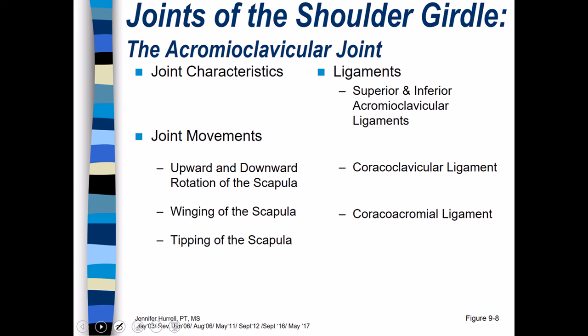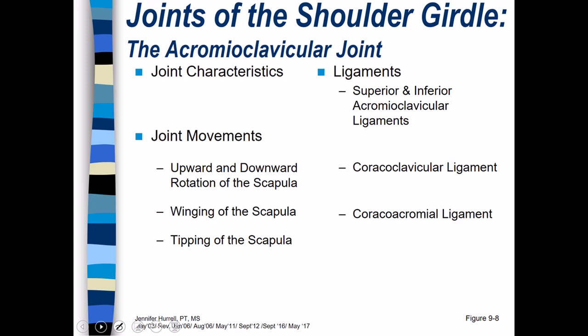Joint characteristics here. So acromioclavicular, so that's going to be between the acromion process of the scapula and the lateral end of the clavicle. This is also a plane-shaped synovial joint.